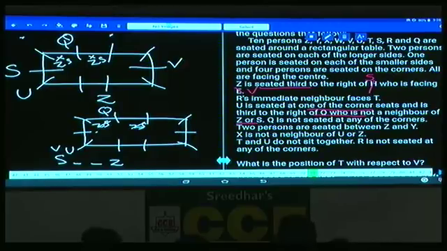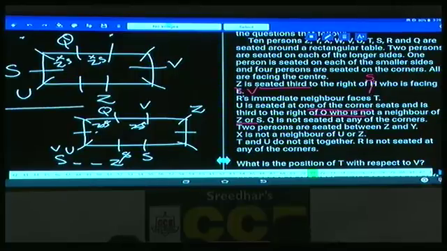Now tell me whether S can be at this place or not. The next one, I am checking out the remaining possibilities for this S. Now tell me whether S can be here or not. No. Why? Because S and V are opposite to each other, hence S cannot be here. As S cannot be here, then tell me whether S can be here or not. If S is here, then Z will be here. Isn't it? And S is opposite to whom? S is opposite to V.